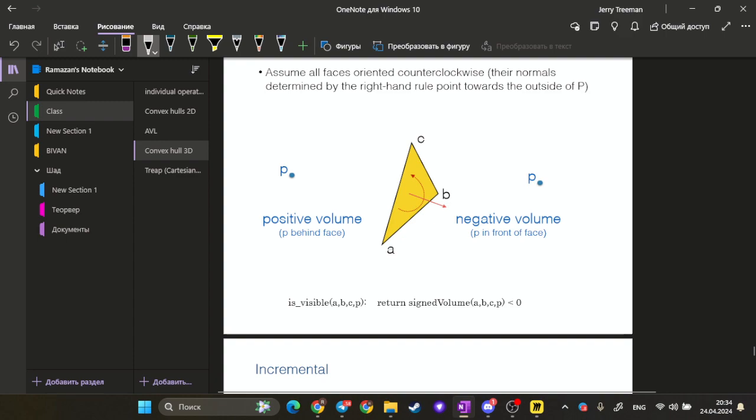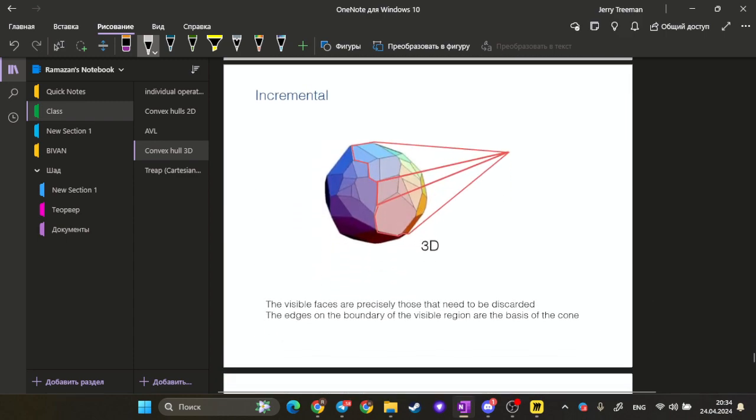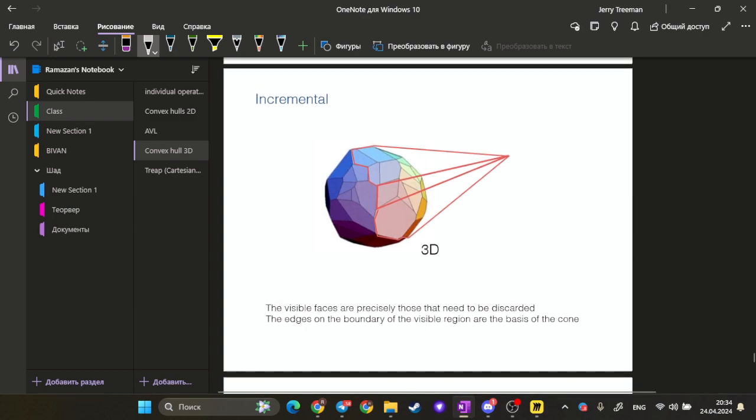I don't think I get the idea. We consider all of the planes, all the faces. All of the faces have normal vectors, normal vectors that are located outside of our polygon.